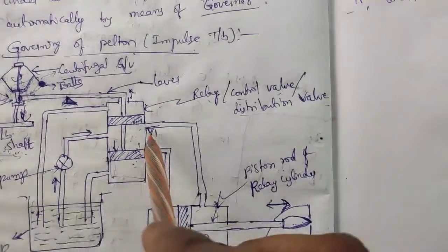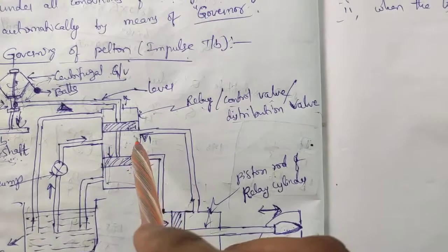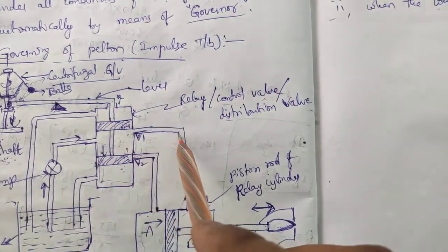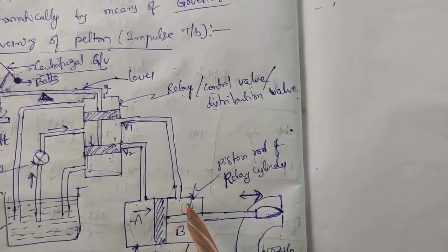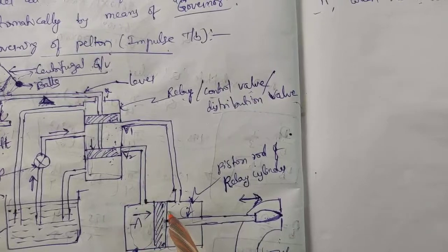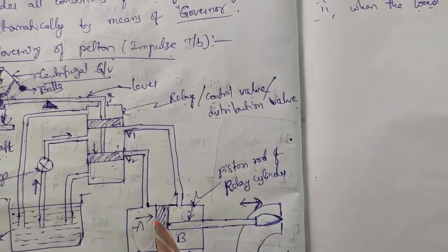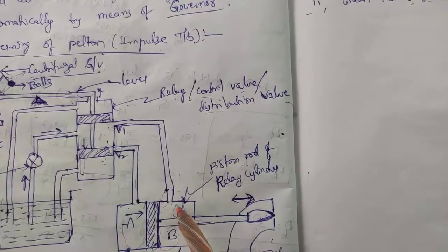Now the V1 valve is open and the V2 valve is closed. So the oil enters through the V1 valve and pushes on the face B. This is the piston face B, and this is the piston face A.